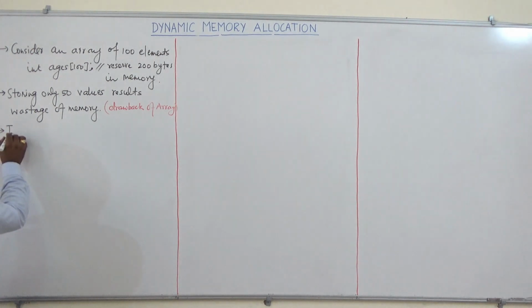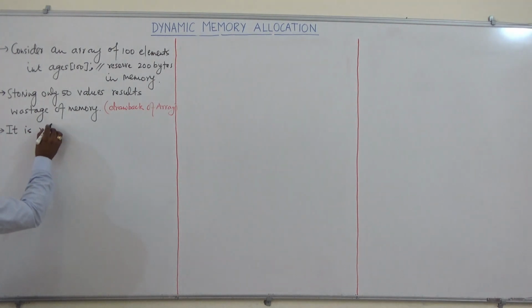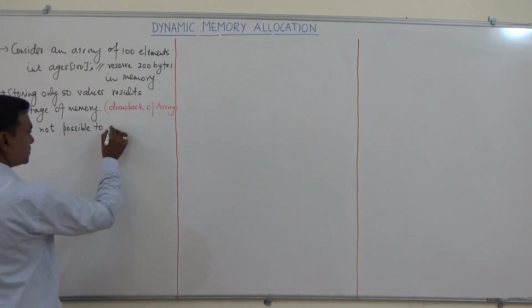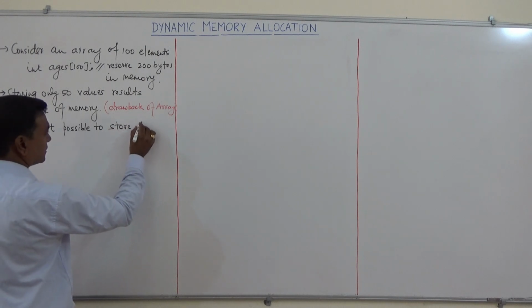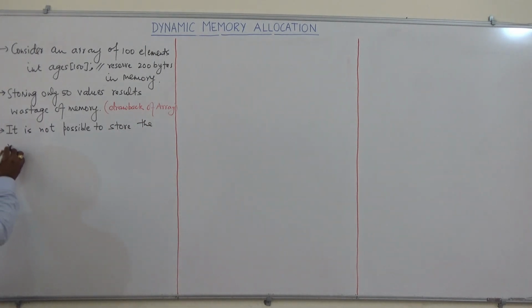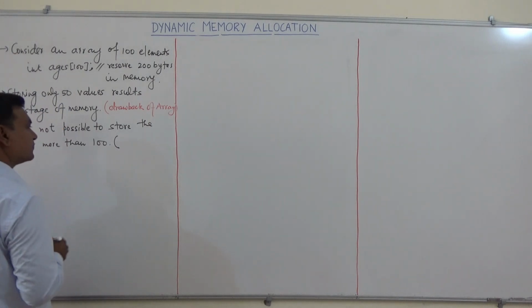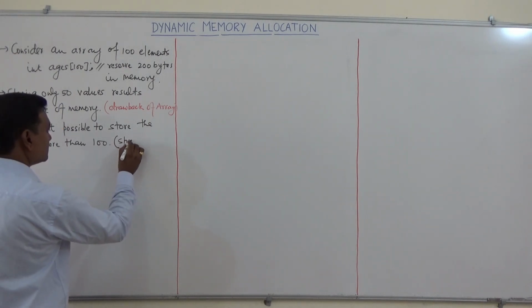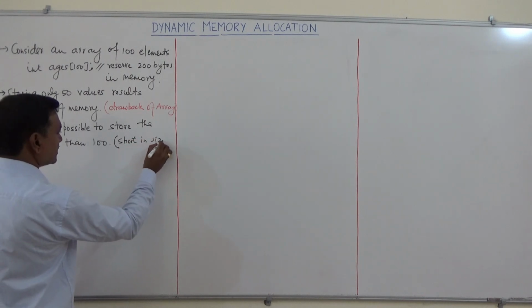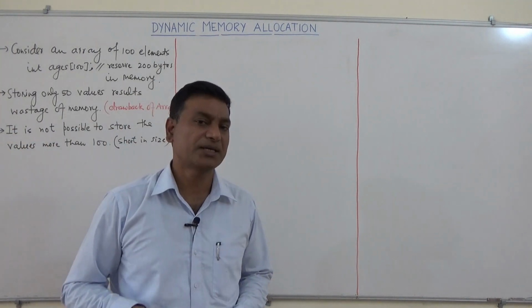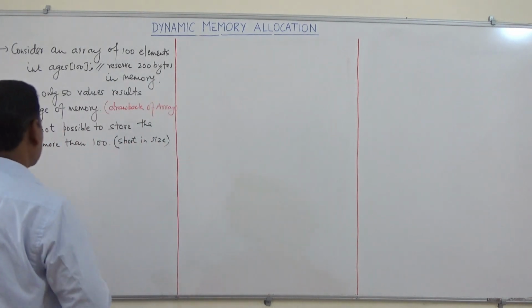It is not possible to store values more than 100, because the array is short in size, as its limit is 100 elements. So it is also not possible.